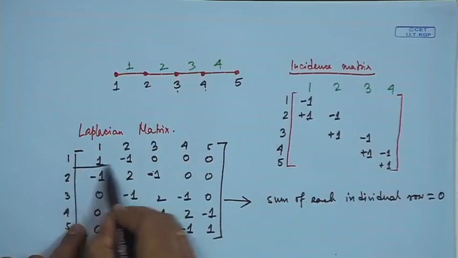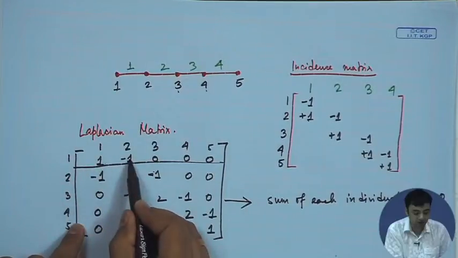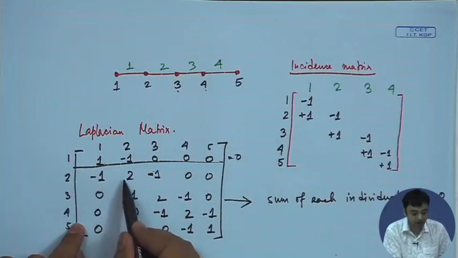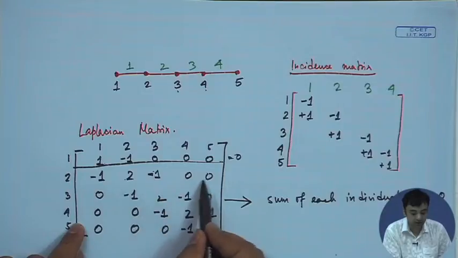You see this row, take this row, the sum is 1 plus -1 plus 0 plus 0 plus 0, that is 0. Okay. So, it is -1 plus 2 -1 plus 0 plus 0, that is 0.